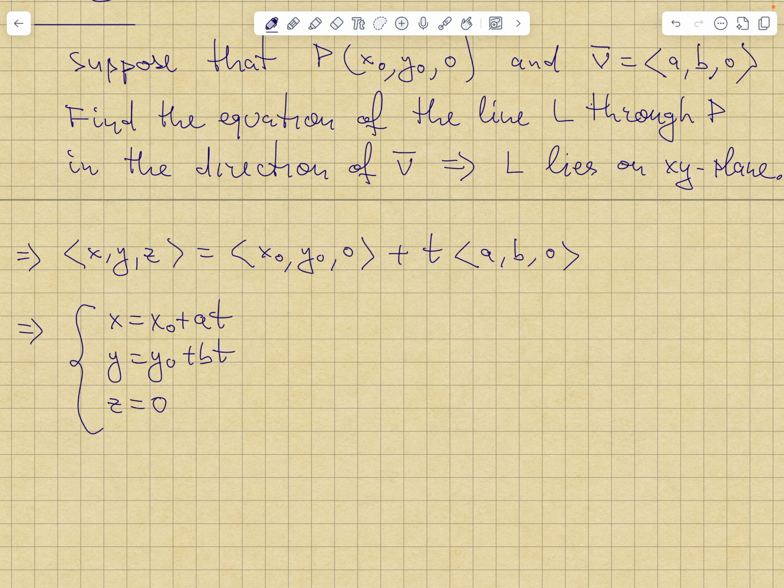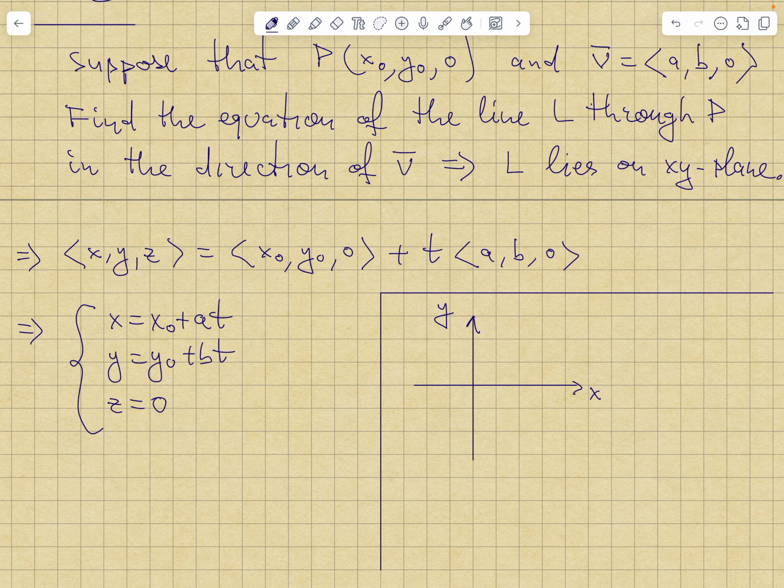So I should be able to find the equation of my line simply by using the point slope formula. And the way to do it, maybe again, is to draw a picture. We have two coordinates x and y. Z is irrelevant, it's just equal to 0.